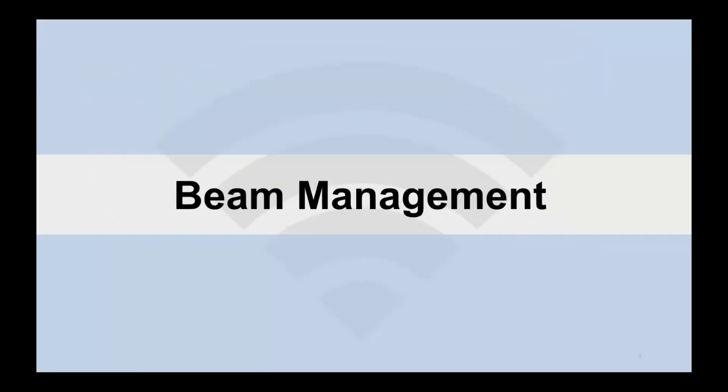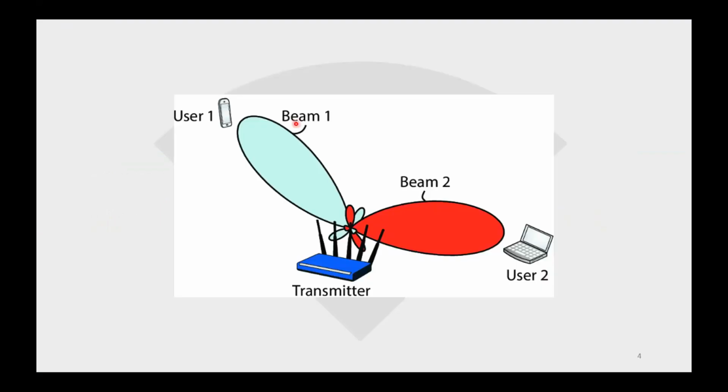First is beam management. First of all, I want to talk about what beamforming is. It's a kind of signal processing that emits power in a specific direction to a specific user.